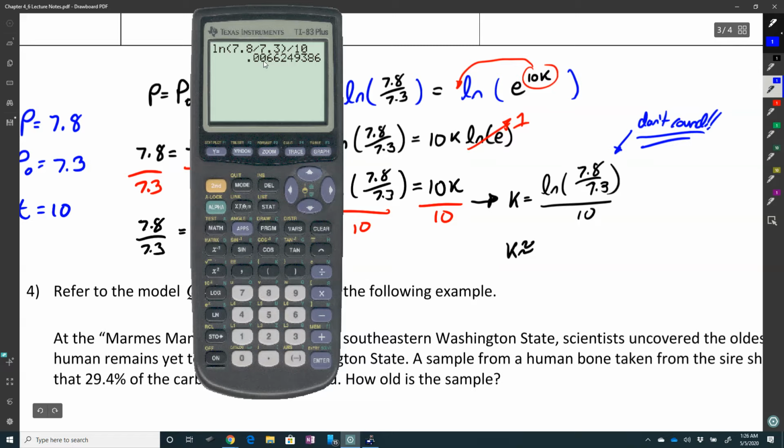Don't round the rate. Okay, so instead what you do is your calculator has a fancy store button where you're able to store up to 26 different values for use later. And so in your calculator, well, if you want, you can just write down the entire number. But in your calculator, you just press the store button, and then you pick which letter you want.